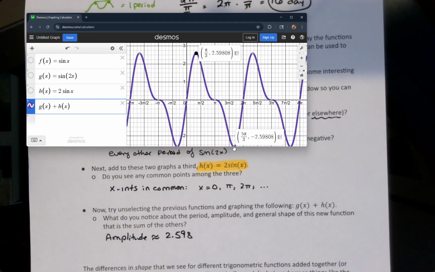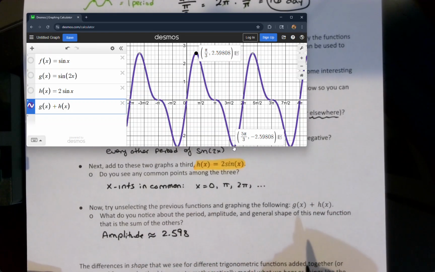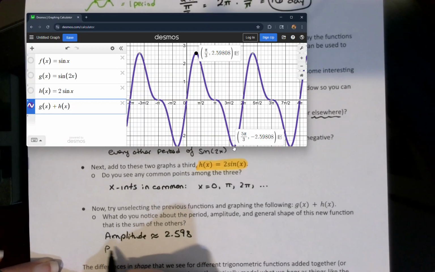I'm sure that if I wanted that expressed as an exact number, I could evaluate these functions at pi thirds, and it's going to have that square root of 3 over 2 in it somewhere for pi thirds. Okay, but added the two function values together. The period, we did say, was going to be 2 pi.